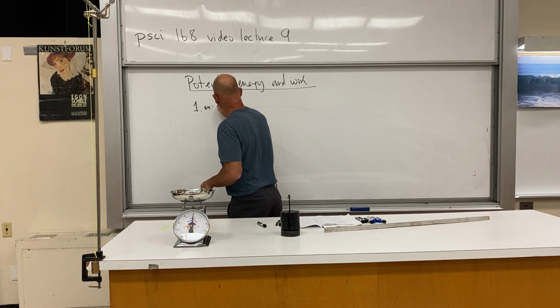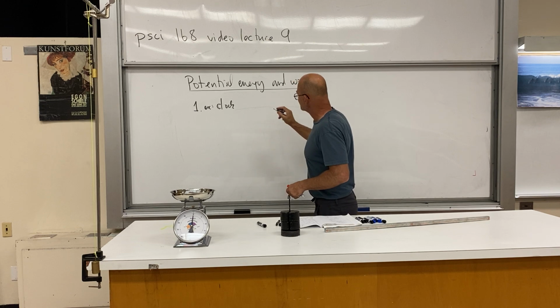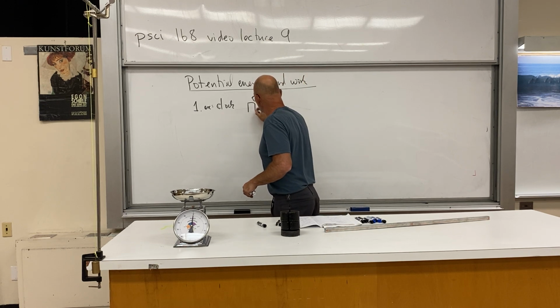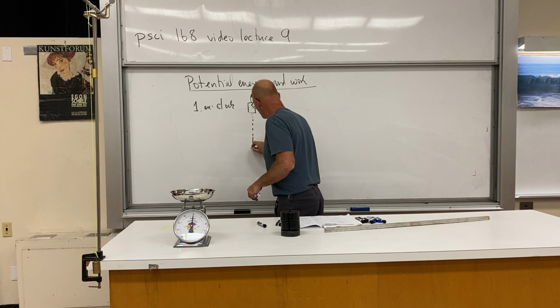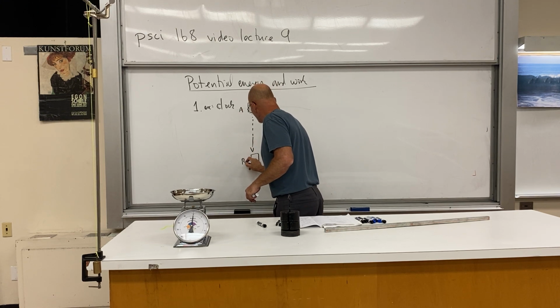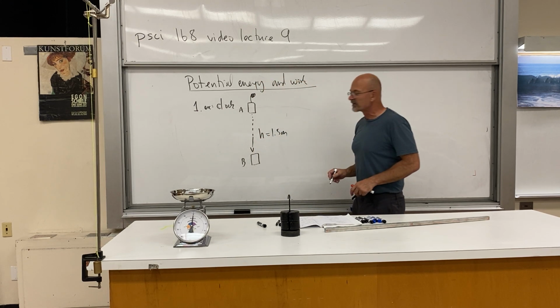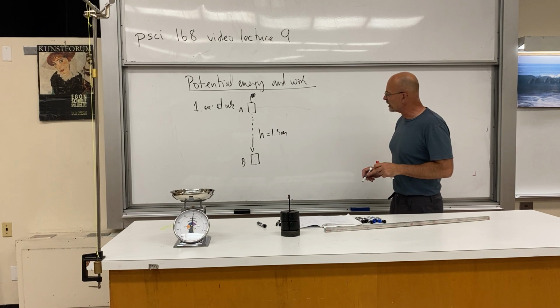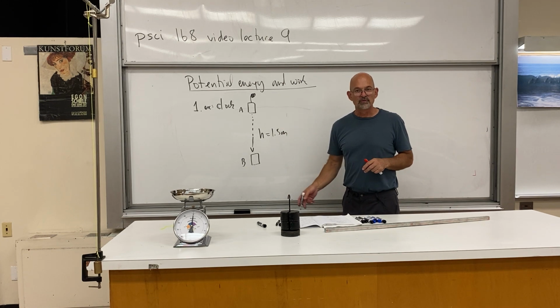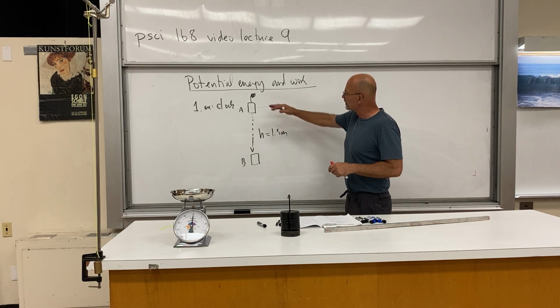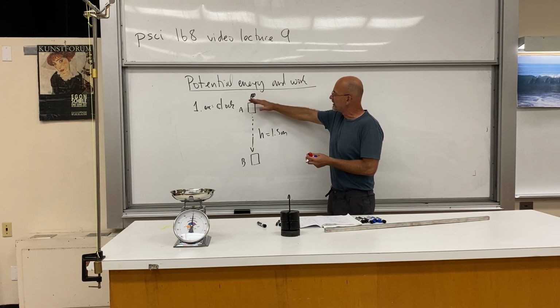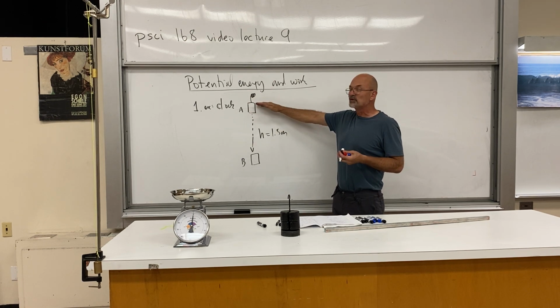We have this weight that was wound up to this height here. It's going to go down, it's going to end up down here. So from A to B, 1.5 meters, and over the course of an entire week, it is going to do 75 joules of work, okay? So it was stored there. In fact, if I just stored it there and shut the clock down, the work would be stored.